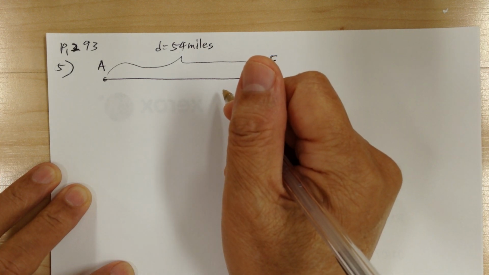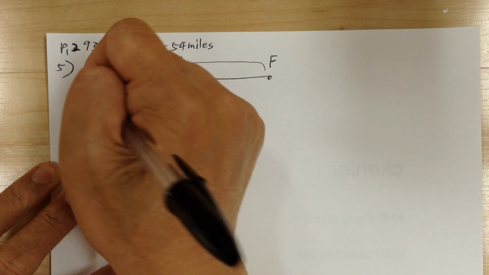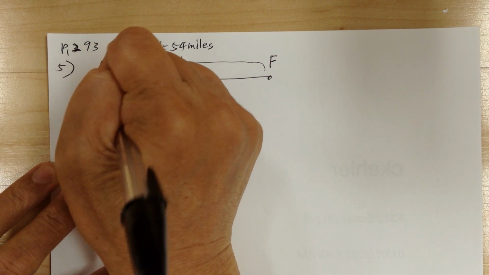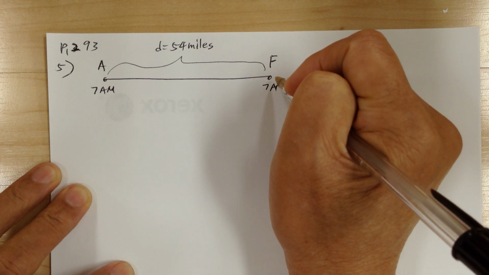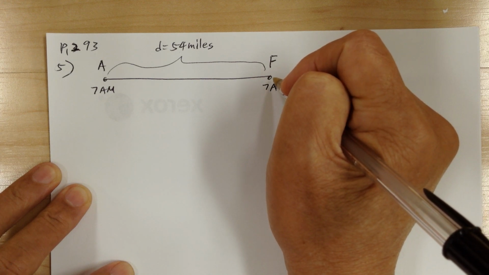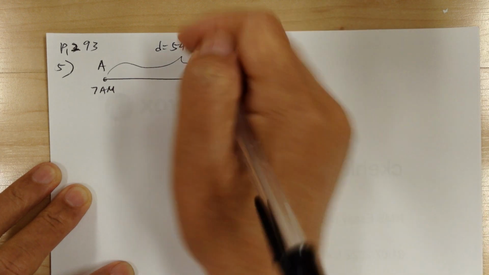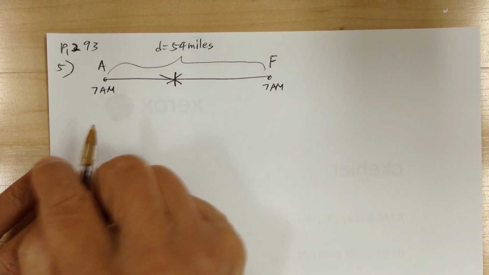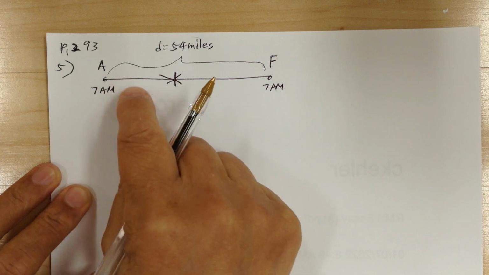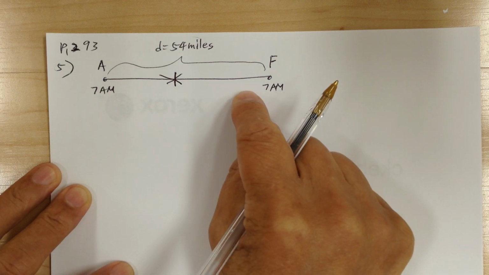And both leave their home at 7 a.m. by bicycle. So 7 a.m. and 7 a.m. Okay, and they're going to go toward each other, and they're going to meet somewhere in between. The Felix average speed is 2 miles faster than Anita's.